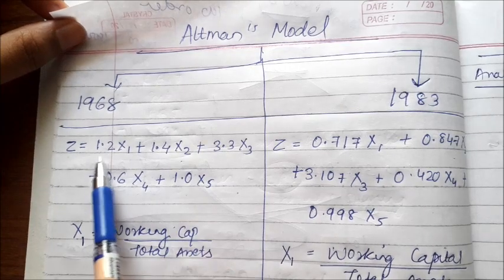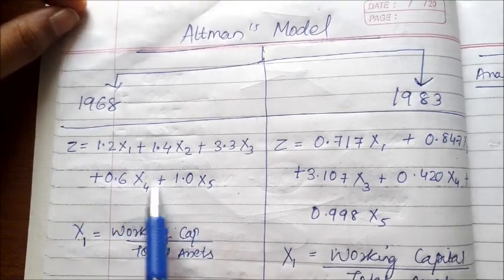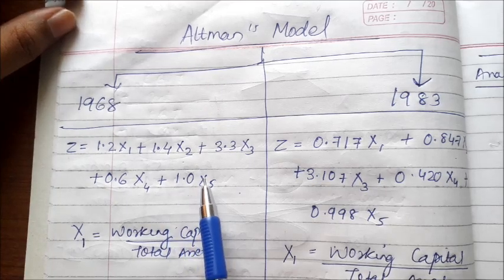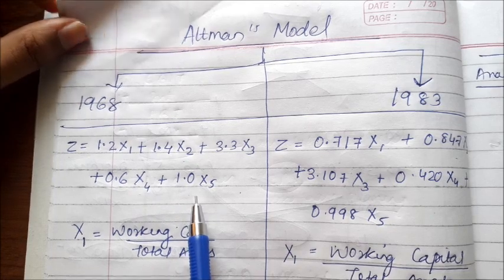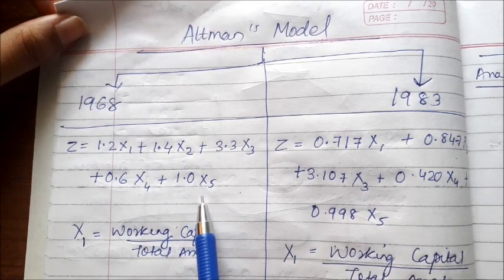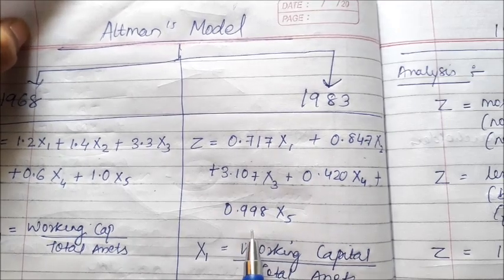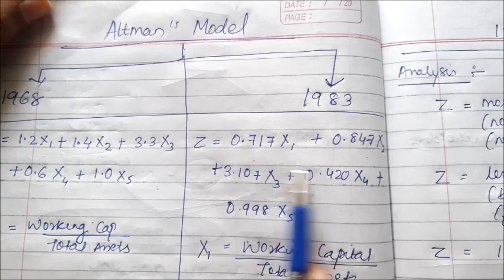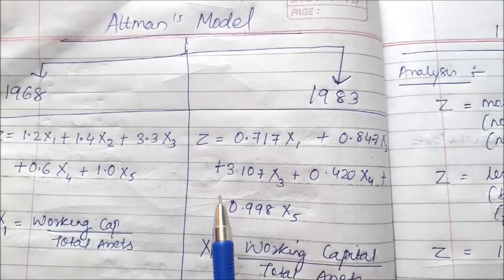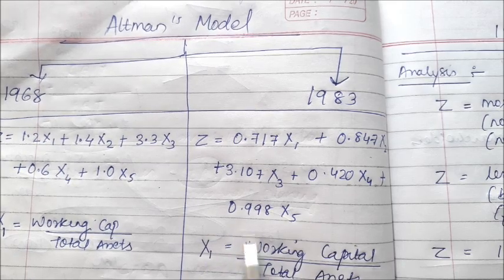In 1968, Z is equal to 1.2 X1 plus 1.4 X2 plus 3.3 X3 plus 0.6 X4 plus 1.0 X5. Here the values are changing. You have to learn and memorize these values. There is no option, because they have been given by him.